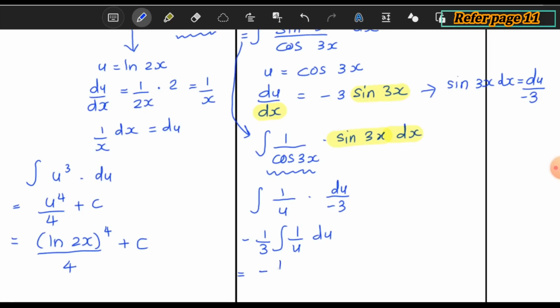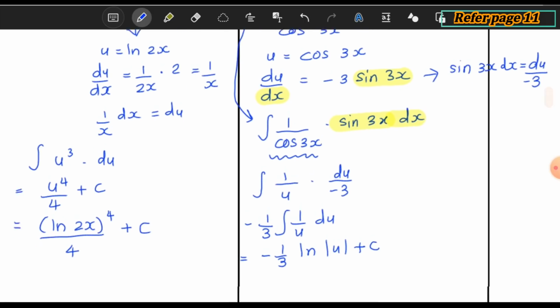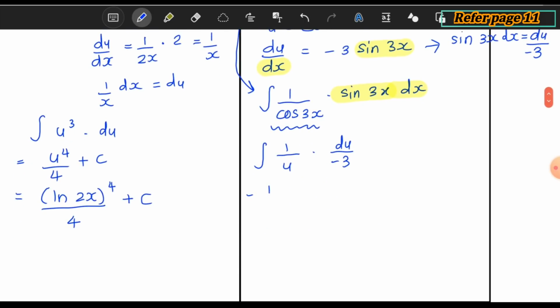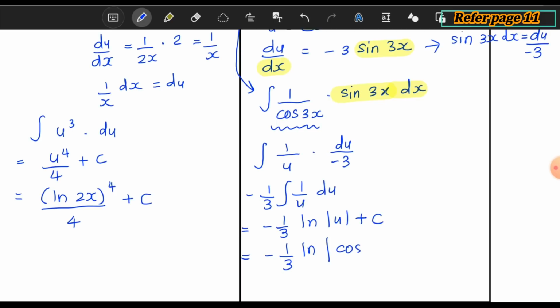The answer is negative 1 over 3 ln u plus c. The final step is negative 1 over 3 ln, we change u to x. So what is u? u is cos 3x. Then plus c.